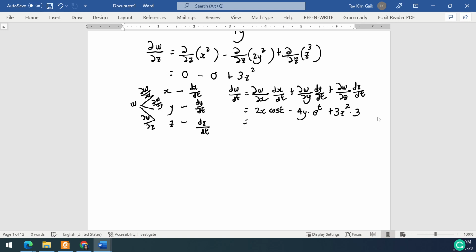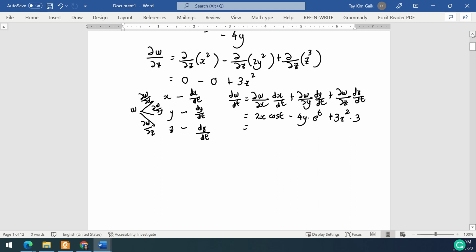If you want everything in terms of t, then you have to replace back x is sin t, so cos t. Y is exponent t. Substitute back z is 3t, so you got 3t squared 3.